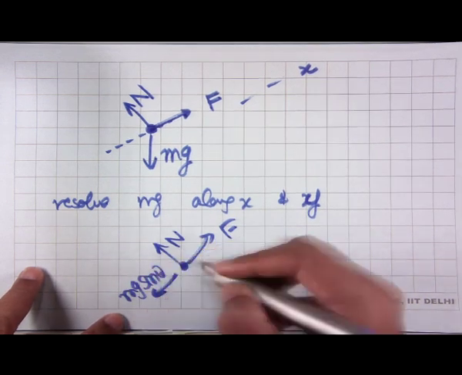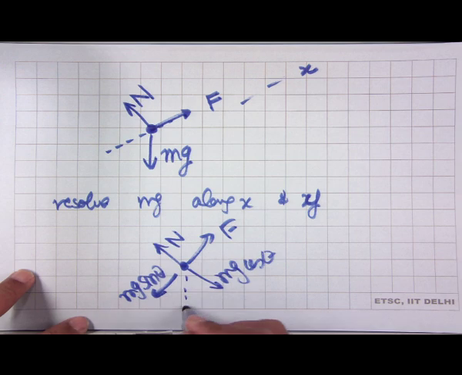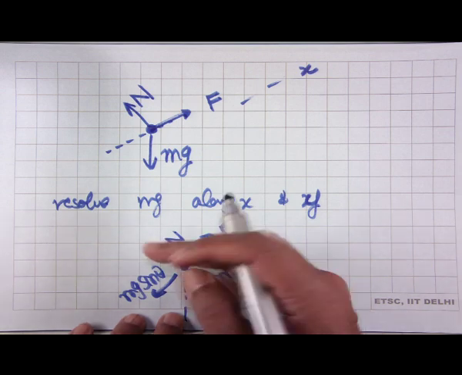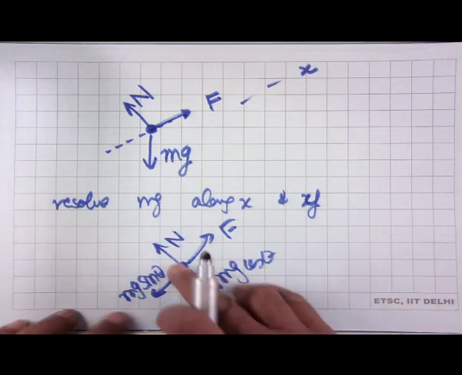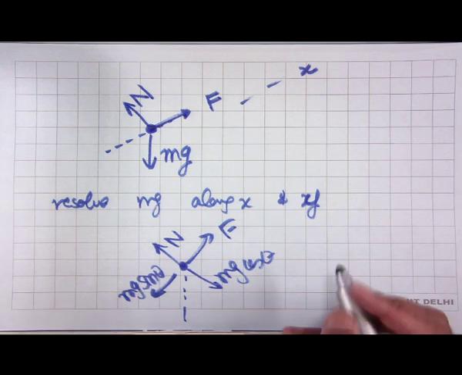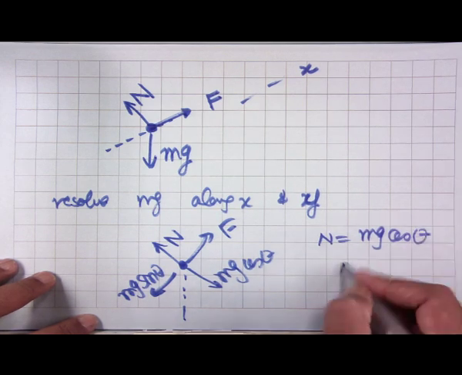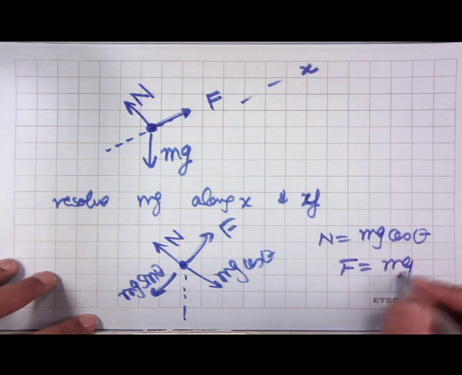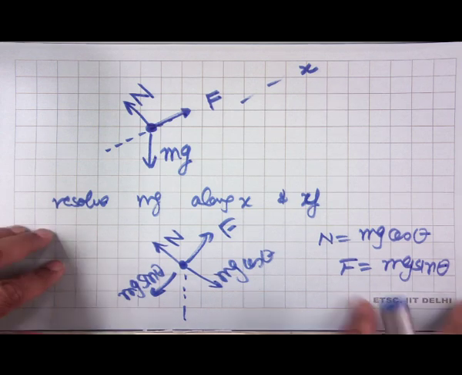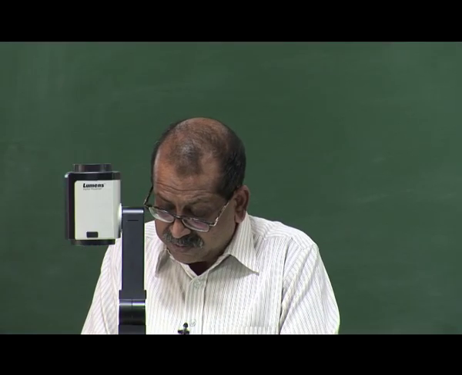Mg was vertical, and this angle was theta, so the component along y is mg cos theta and the component along x is mg sin theta. From here we get n is equal to mg cos theta, and F is equal to mg sin theta.